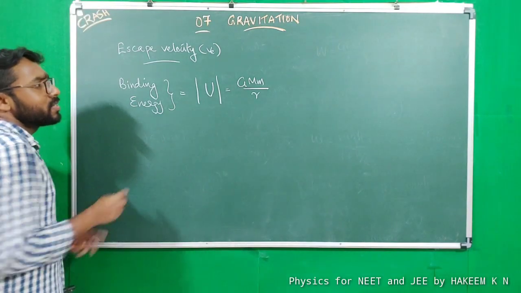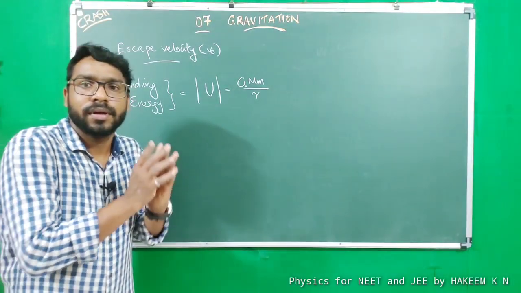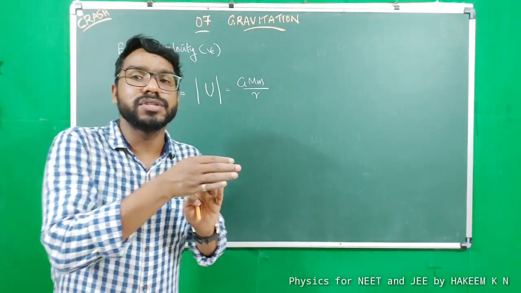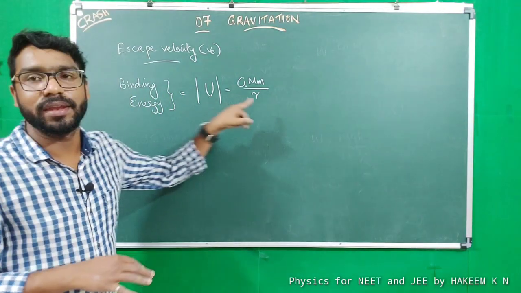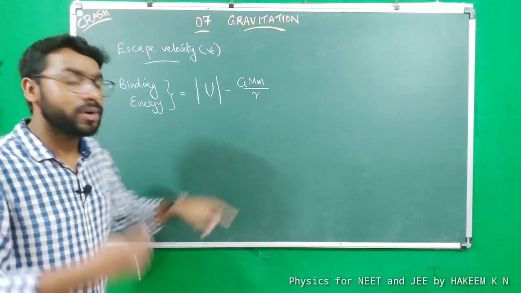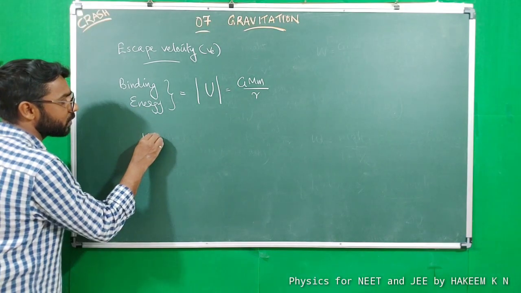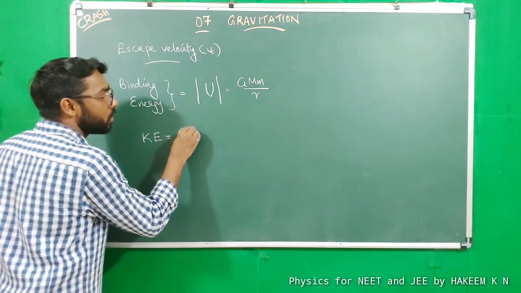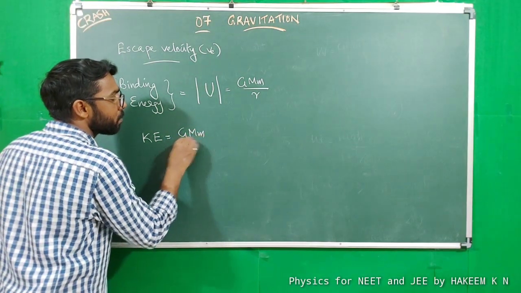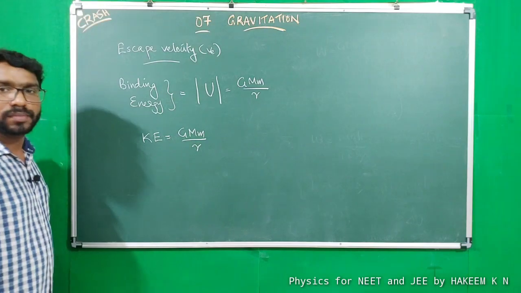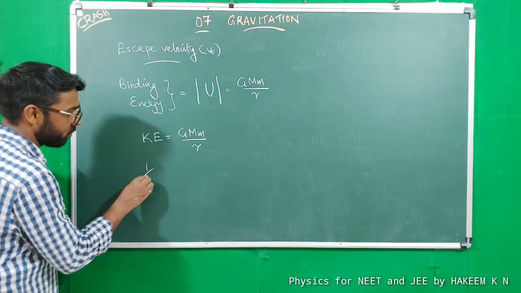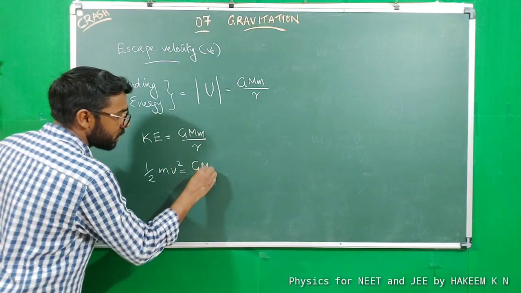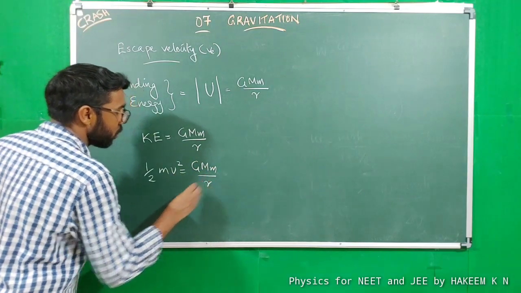Okay. To escape, we have to give the body an energy which cancels this binding energy. So kinetic energy of the escaping body should be equal to GMm by r. Kinetic energy half mv square equal to GMm by small r.